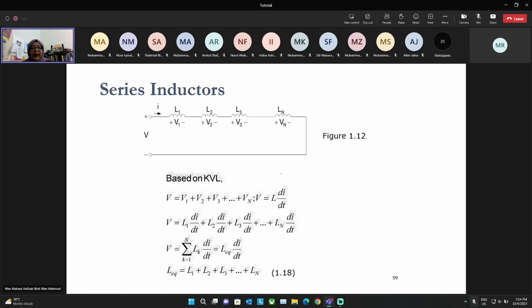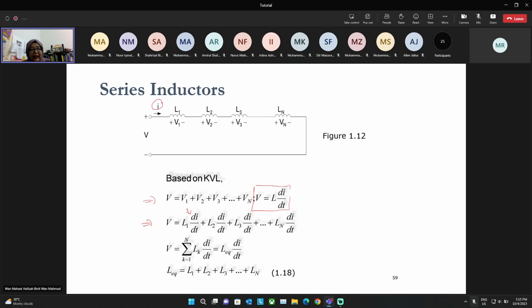But you know that for inductor, V equals to L di dt. And in this case, since this is a series circuit, the same currents flow through L1, L2, L3 and so on.